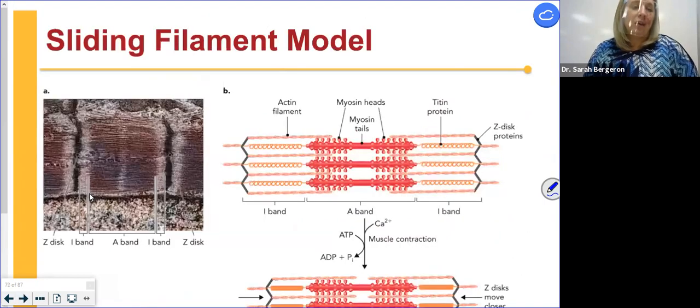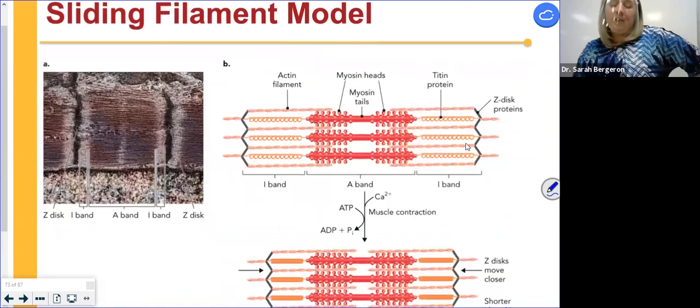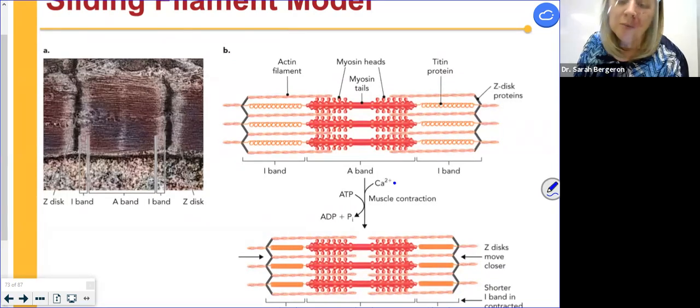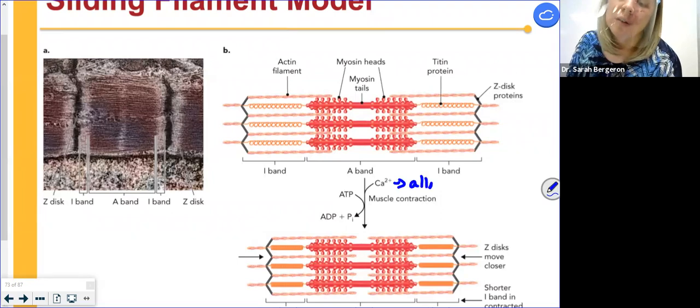Okay. So here's our sliding filament model, right? When we have an influx of calcium, that is going to change the conformation of our troponin and tropomyosin, and allow the myosin to bind to the actin. So calcium 2+ allows binding.